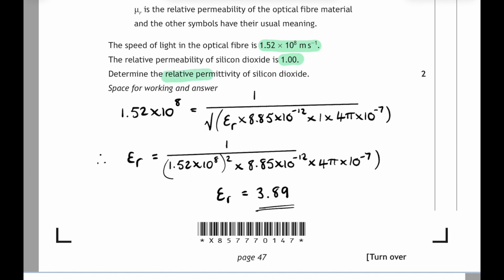Well, it's the relative permittivity, and if you look at the relative permeability of silicon dioxide, it's 1 with no units. So in other words, it's the same as the permeability of free space. So the relative permittivity of silicon dioxide has no units. It's just 3.89 times bigger than the permittivity of free space.